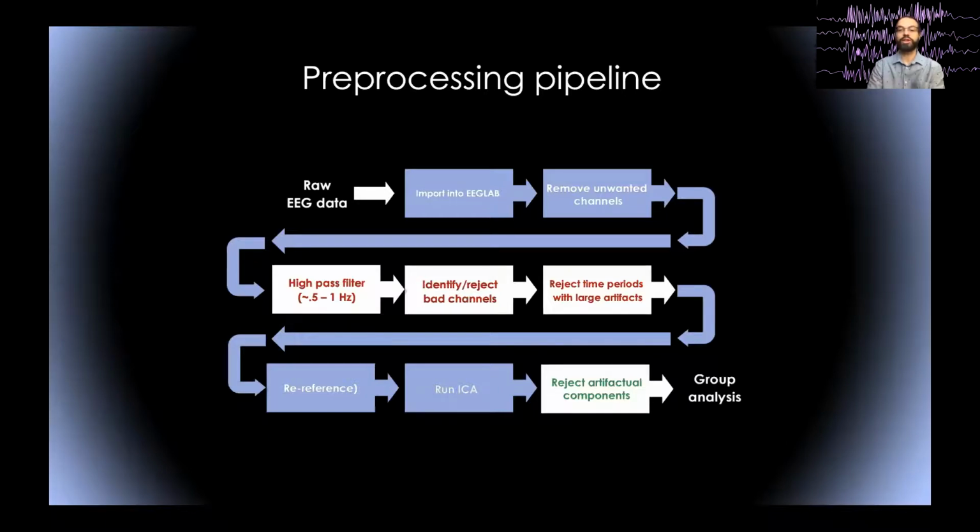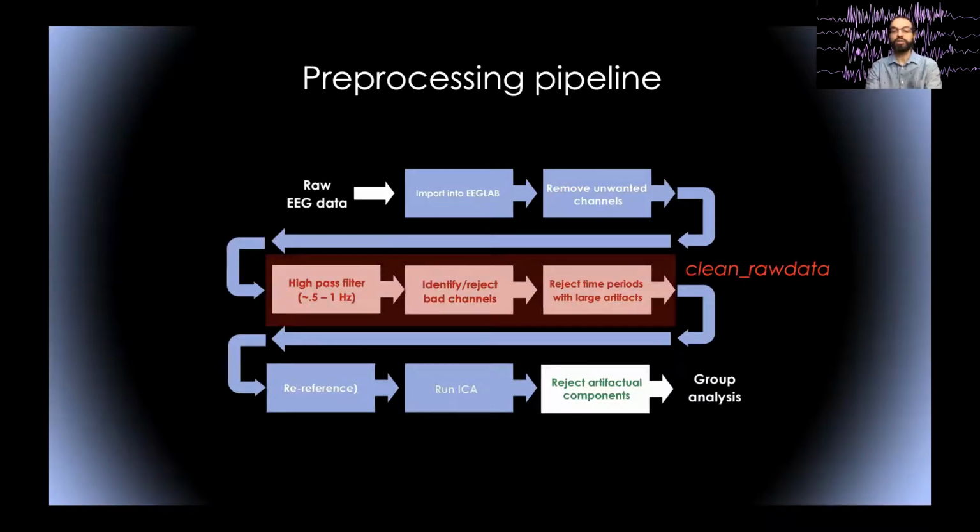We're going to remove unwanted channels, and then we're going to use one of the plugins of EEGLAB that comes by default. It's called the Clean Raw Data plugin. It just cleans your data very well, and I'll explain a little bit how it cleans the data. Then we're going to change the reference of the data to average reference. We're going to run independent component analysis, which is a method that our lab pioneered.